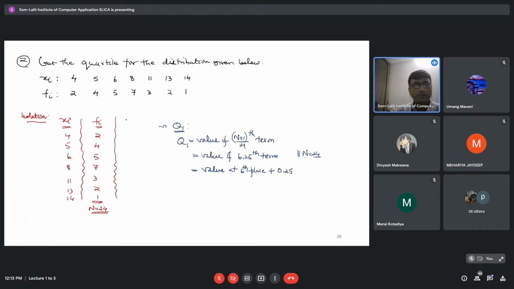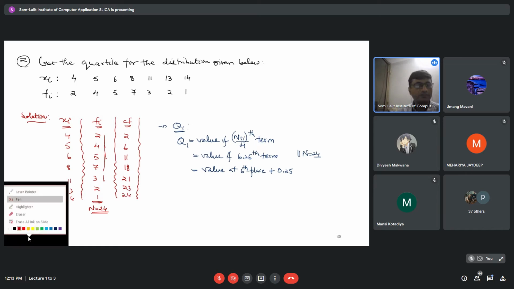So we prepare one more column, that is CF, cumulative frequency. You know how to do this. 2, plus 4, sum of these is 6. Then 6 plus 5 is 11. Then 18, plus 3 is 21, plus 2 is 23, and the last one is 24. This is nothing but the CF.